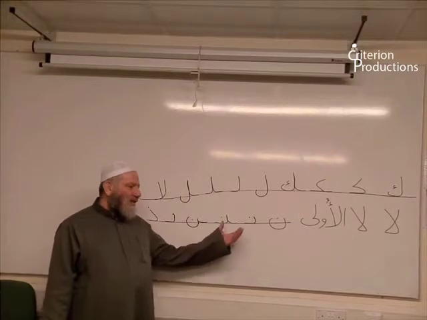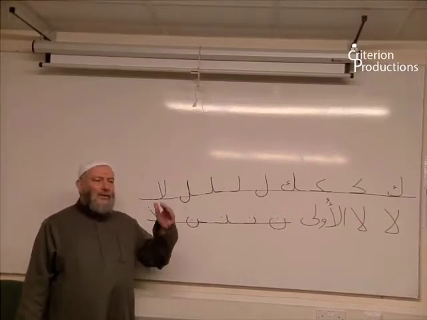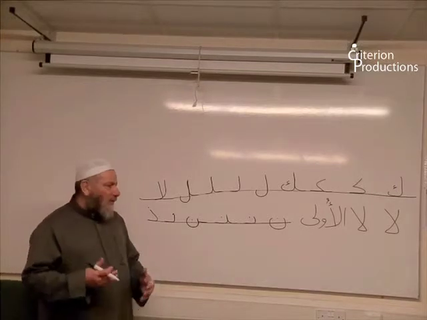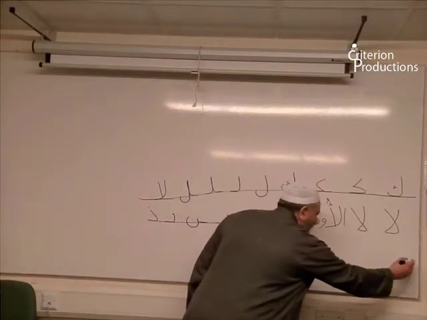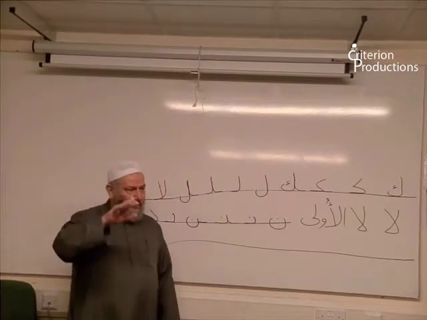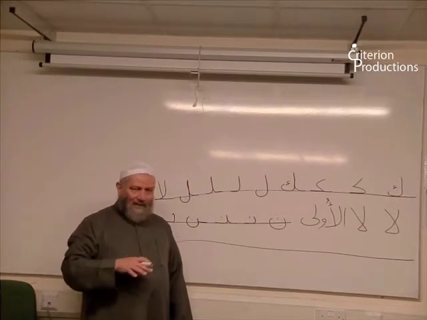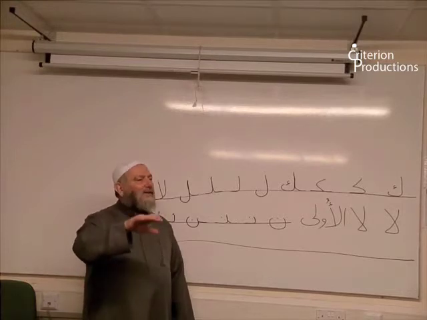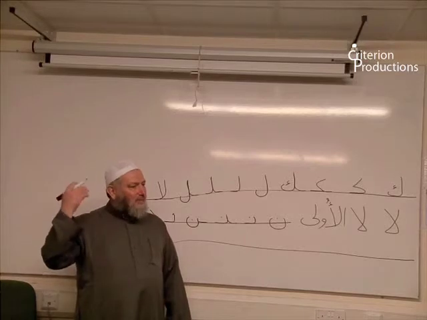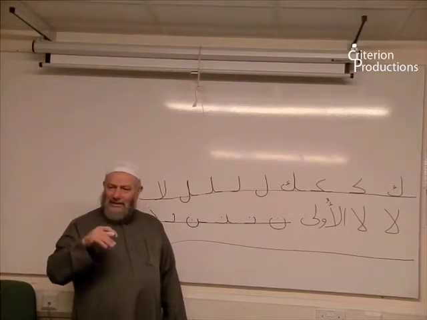So the noon, all the time, comes with the dot on top. And if you like, to remind your child about this, say to them the order of the letters: alif, ba, ta, tha. The second letter is on the bottom, but the letter which is near the end, the noon, is on the top.